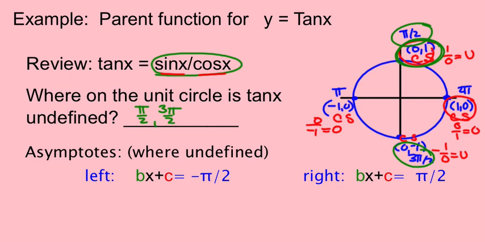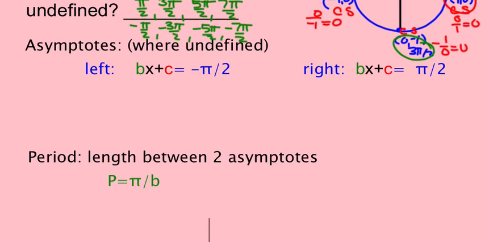Now, tangents, just like sine and cosine functions, go on forever. So I'm just going to go ahead and put 5 pi over 2, 7 pi over 2. If you wanted to go into the negative angles, you could go negative pi over 2, negative 3 pi over 2, negative 5 pi over 2, negative 7 pi over 2, etc. So again, asymptotes are going to occur where they are undefined, so at those green places.